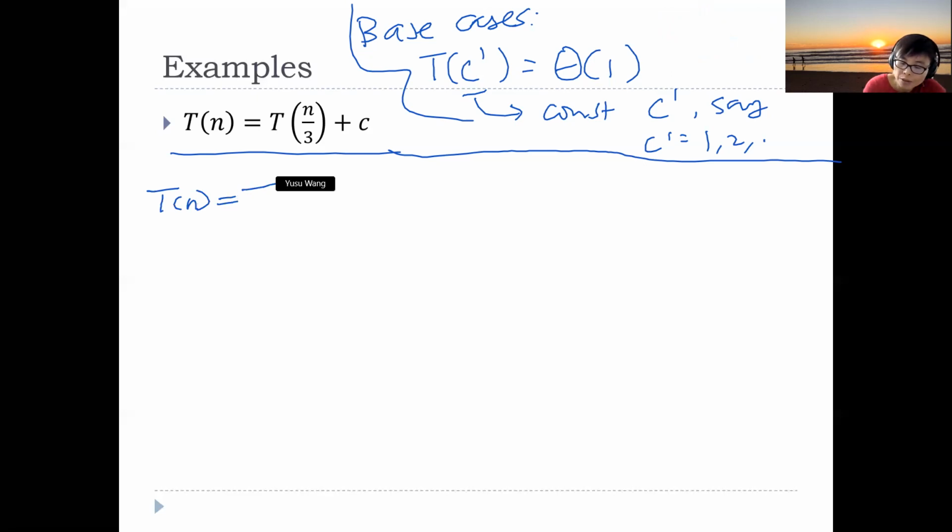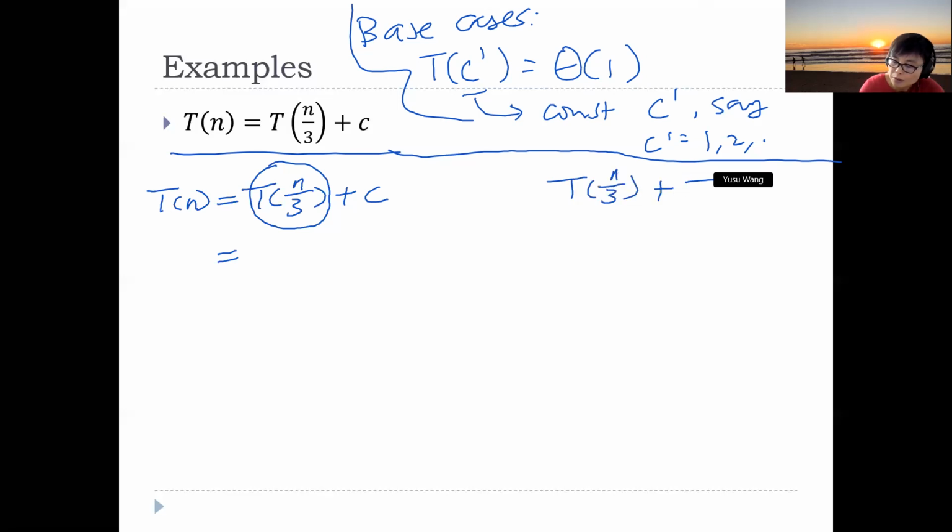So this is the original recurrence, and applying the original recurrence relation to this, we know that T of n over 3 equals T of n over 3 divided by 3. That's n over 3 times 3, which is 3 squared. It's the same, it's just that this way of writing sometimes makes it easier to see the pattern.